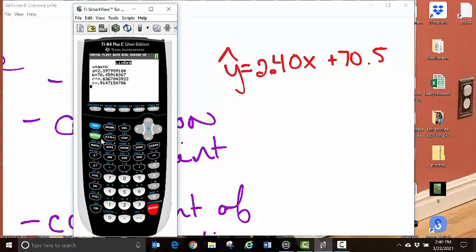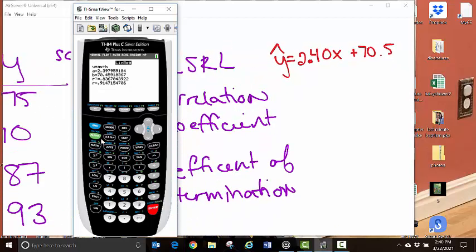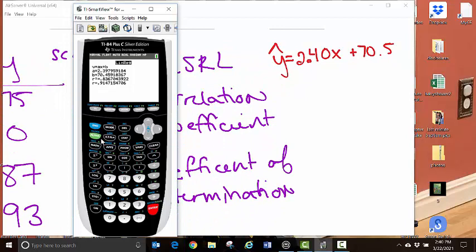All right, so my R, which one is my R? Correlation coefficient or coefficient of determination? Correlation coefficient, R is 0.9147 and R squared is 0.8367. Question.